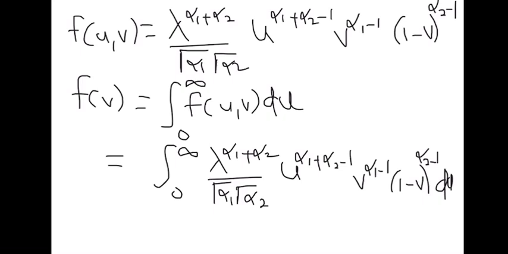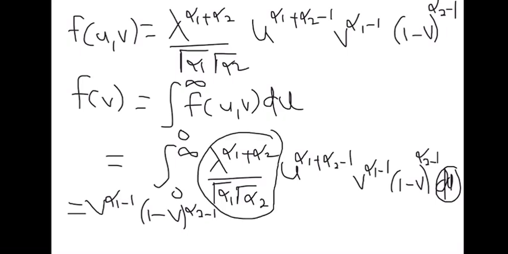Now, when you are integrating with respect to u, anything with v is going to come out of the integral, anything that is not u. So I'm going to have v raised to power alpha 1 minus 1, 1 minus v raised to power alpha 2 minus 1.